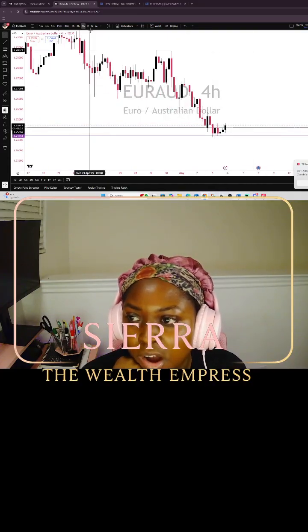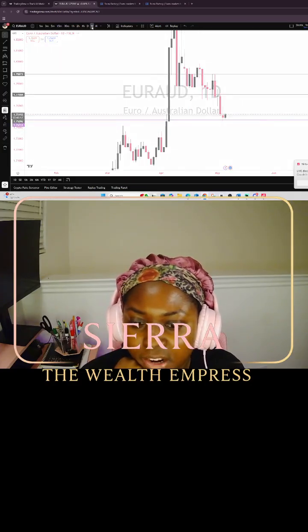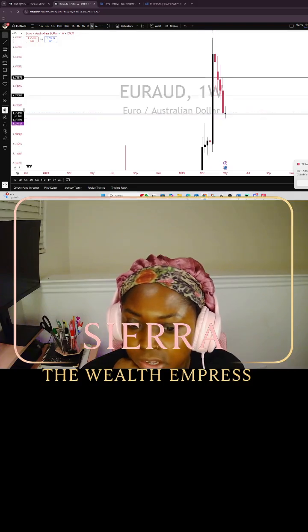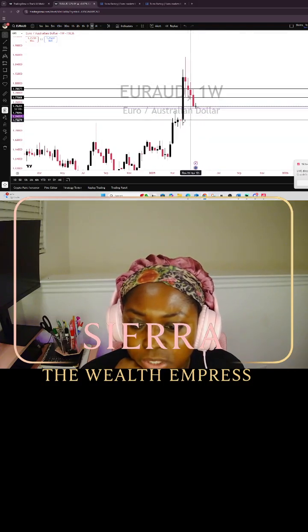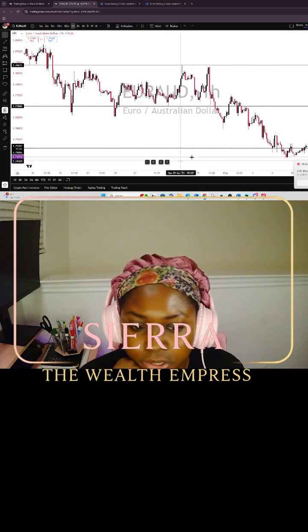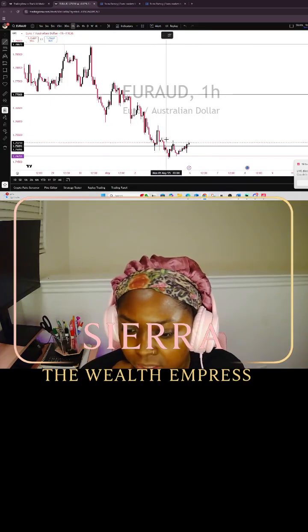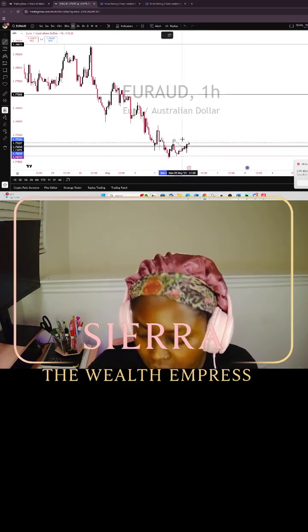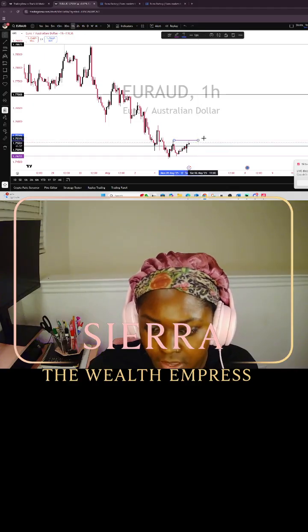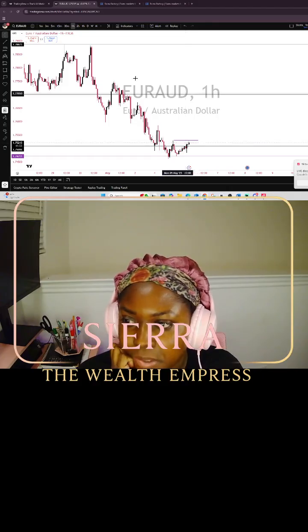All right, so Euro Aussie came outside of its CRT range, and it hit 50% of this weekly gap. This should be another good one. I will wait until price breaks its structure and gives you some type of gap to get in, and then take that up to the 50%.